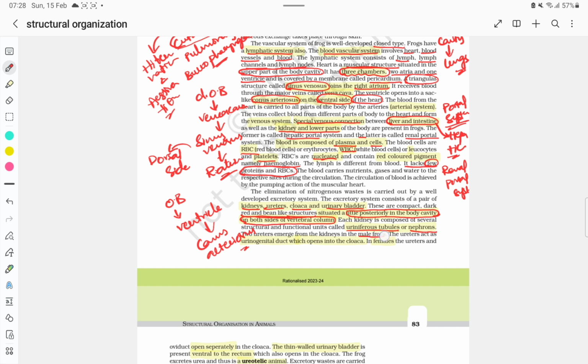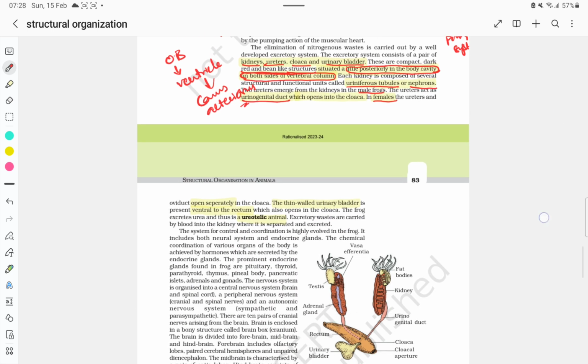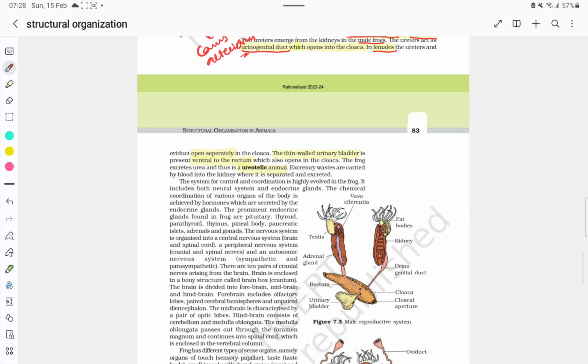In male frogs, ureters are called urinogenital ducts, and we know the reason. In females, they are just ureters, not urinogenital ducts, because ureters and oviducts open separately into the cloaca. And one more statement which we generally ignore but is very important: they have a thin-walled urinary bladder.